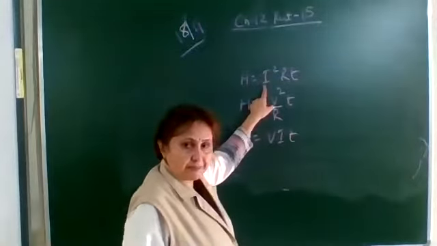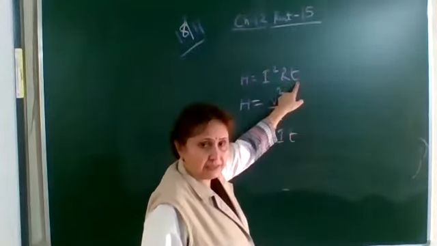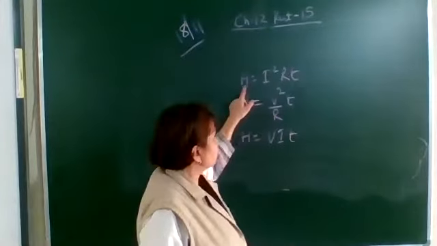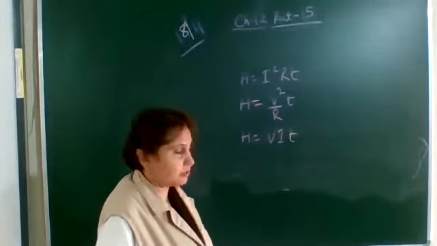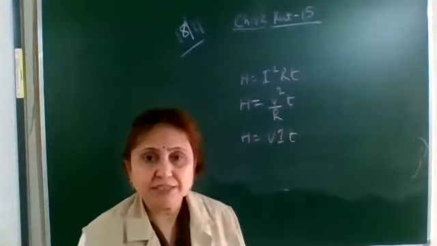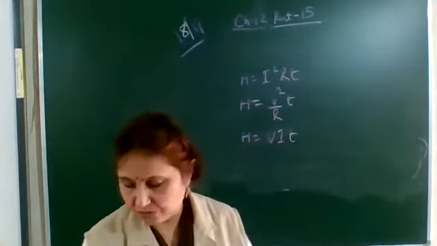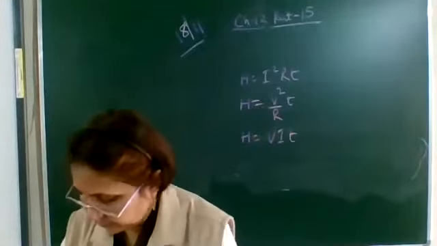I is in ampere, R is in ohm, time in seconds. When you substitute all this in SI units, you will get the heat energy in joules. Now there are a few solved examples given over here.